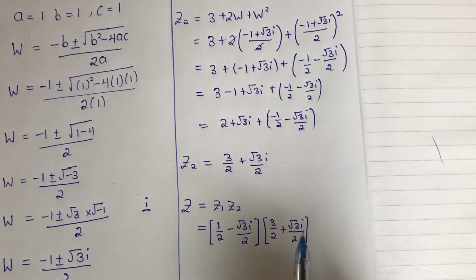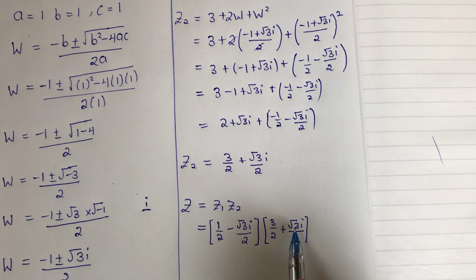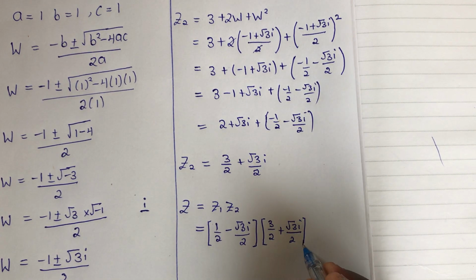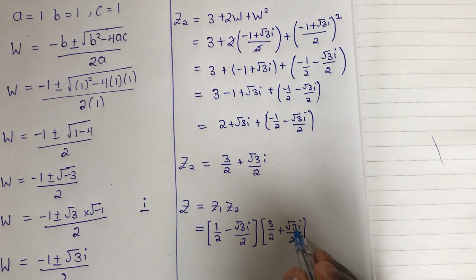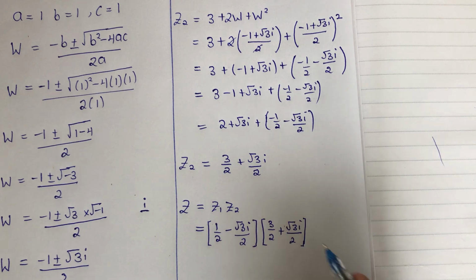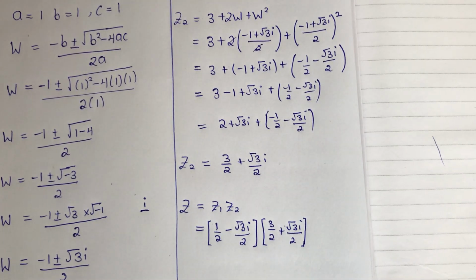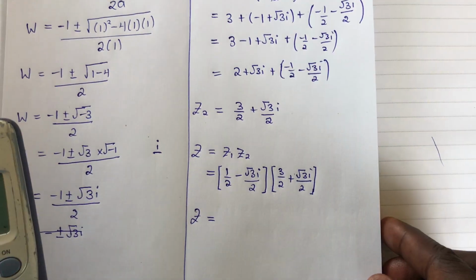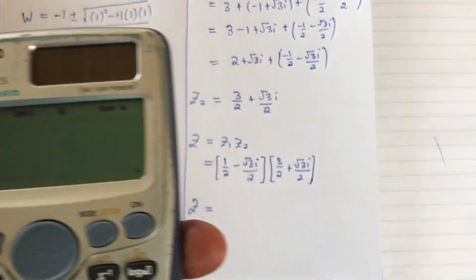Note that if you are punching root 3 i over, make sure you don't put the i inside the square root. You can bring it in front, or you shift the cursor to the right side and then you input the i. So now let's punch the whole result on the calculator.